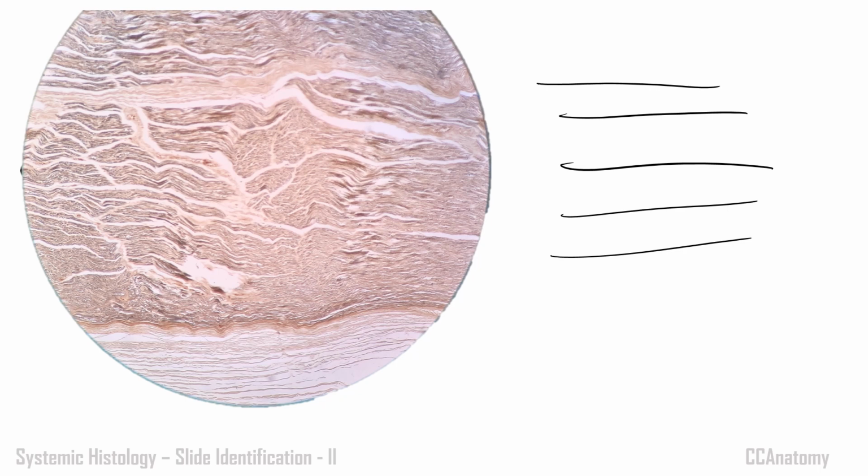It will usually be transversely oriented. These are nothing but the slide of the same peripheral nerve in its longitudinal section, and this kind of stain is known as osmium tetroxide. When we stain the nerve in hematoxylin and eosin, during that process the myelin sheath is dissolved, so you can't see it or it is not stained properly.